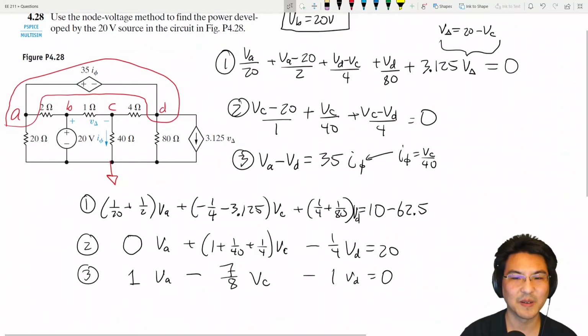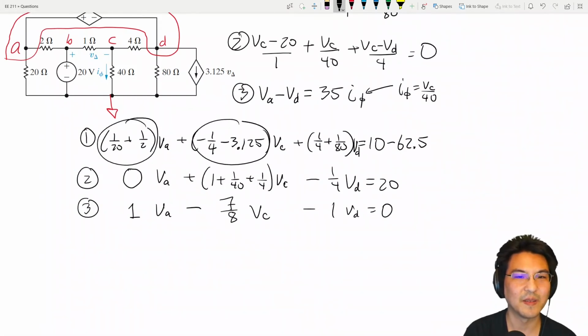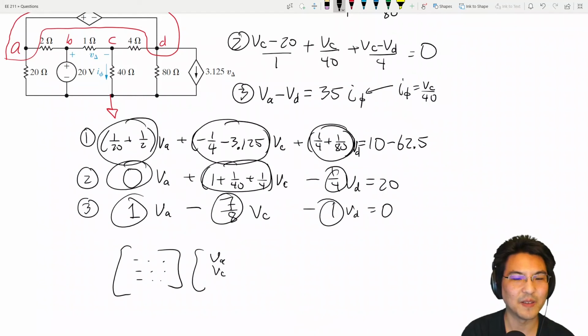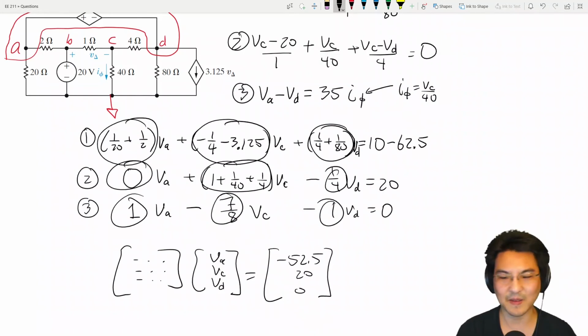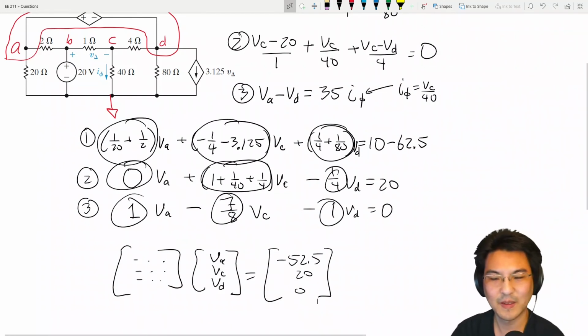Okay, so there's our matrix, right? These are the coefficients. So that matrix goes here times VA, VC, VD equals negative 52.5, 20, 0. Okay, so let me pause and then switch over and I'll type it up in Octave.